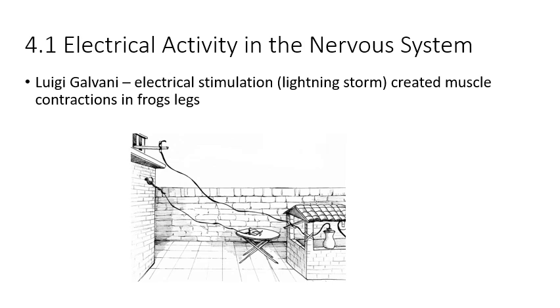A bit later, Luigi Galvani showed that electrical stimulation created muscle contraction in frogs' legs, and one of his experiments involved stringing up these frogs' legs on, I think, the ceiling of his building during a lightning storm, and letting the electricity in the air stimulate the frog's legs to move.